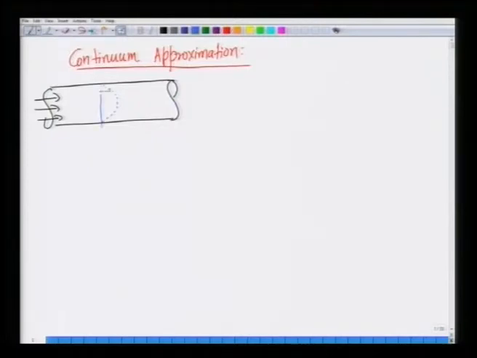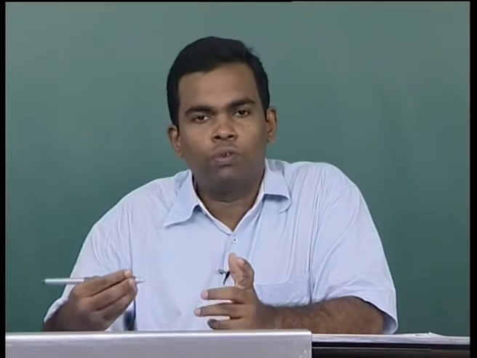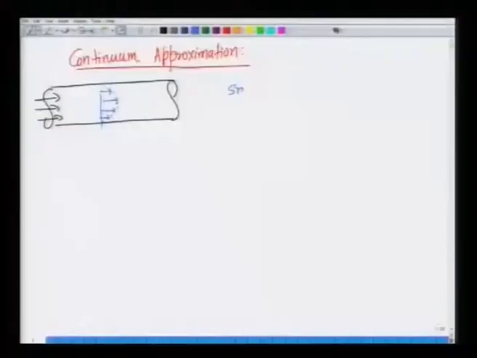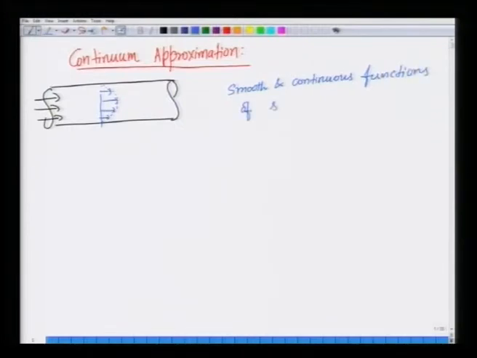The continuum approximation says that you can define velocity, density, pressure or any fluid property, temperature, as smooth and continuous functions of spatial coordinates.